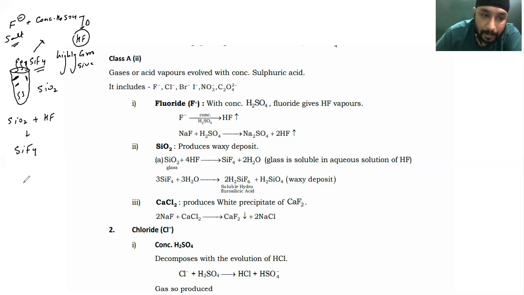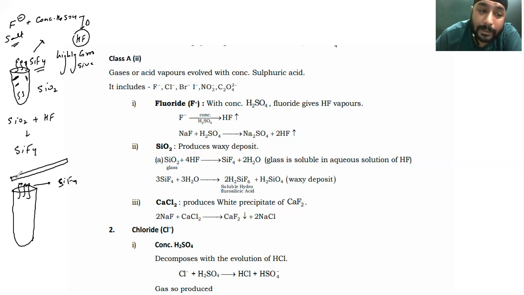Now understand, near the mouth of the test tube where the SiF4 fumes are coming out, these are the fumes of SiF4. What you will do is take a glass rod which is moistened with water. So I have water over there, right? Now what exactly happens?